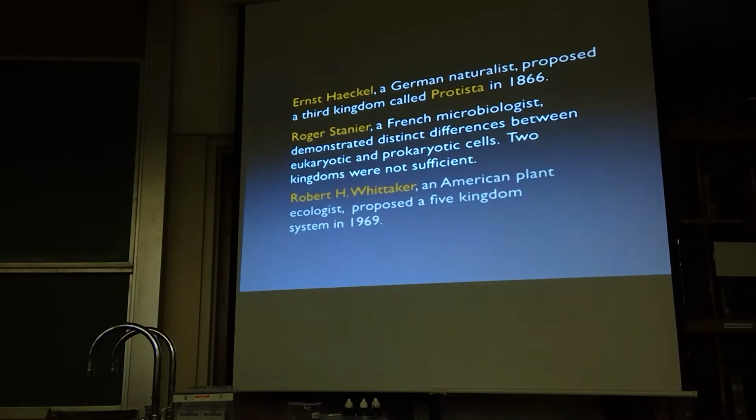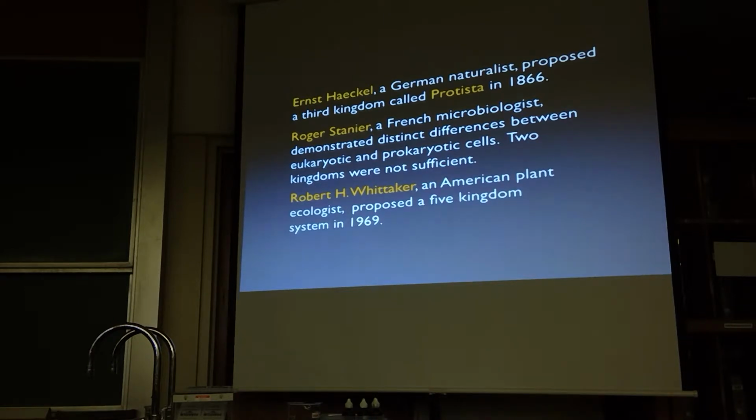Other people kind of noticed this as well. So in 1969, an American taxonomist, or plant ecologist, proposed a five-kingdom system. This was Robert H. Whittaker, or oftentimes you'll see his name just R.H. Whittaker. He suggested there be five kingdoms. Keep the Plantae, keep the Animalia, add Protista for single-celled organisms, add Fungi, because really fungi are not plants.